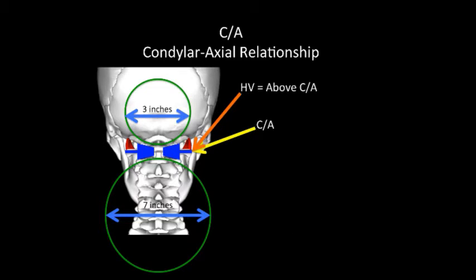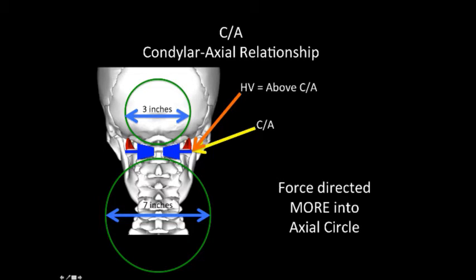If we have a height vector above the C over A, then are we going to be delivering more of the force into the condylar circle or the axial circle? Well, remember, the C over A delivers the force equally, a 50-50 distribution into the two circles.